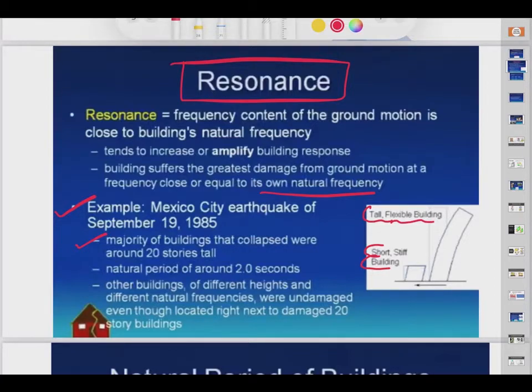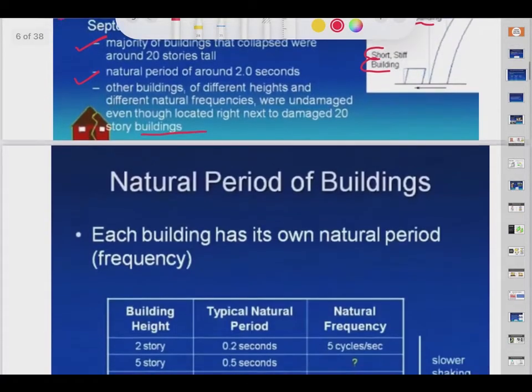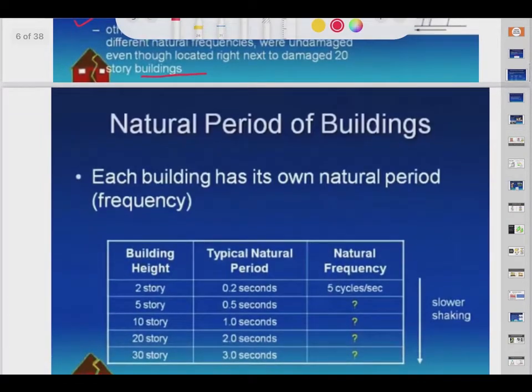Because the natural period of these 20 story tall buildings was equal to 2 seconds, whereas other buildings of different heights and different natural frequency were undamaged even though located right next to the damaged 20-story building. So it was observed that the natural period of the building, the time period of the building, is related to the height of the building. Now height is related with the stiffness.